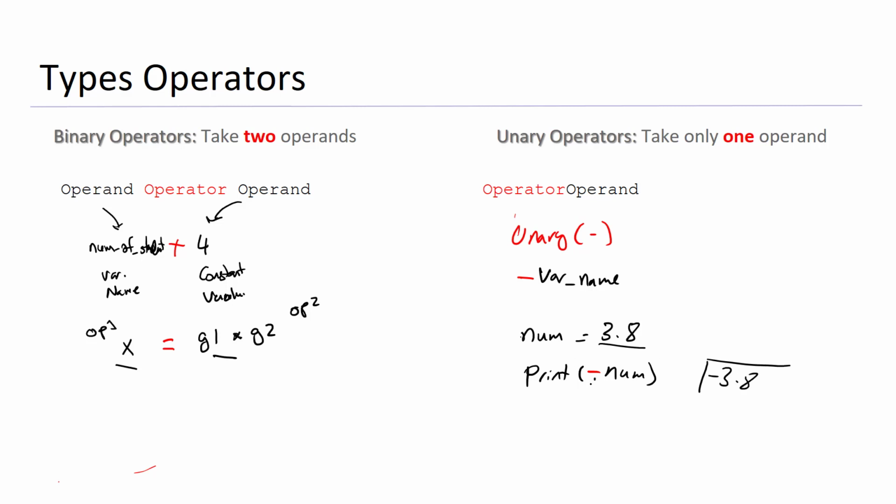This is an operator which takes only one single operand, and the operand for this operator is this variable name over here. Because it only takes one operand, it's called a unary operator.